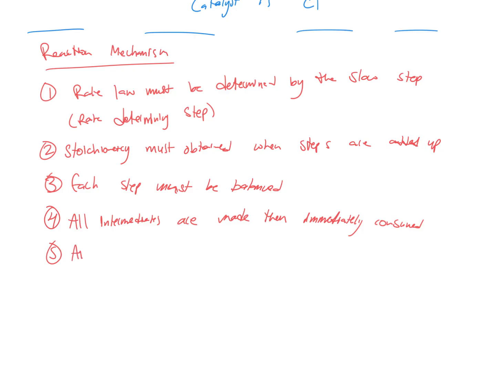The last is that any catalyst is consumed, then reformed. So you can think of intermediates and catalysts as essentially being opposites in terms of reaction mechanisms. Of course, intermediates are isolated in the middle of a reaction, where catalysts serve to lower the activation energy, but those are first consumed, then regenerated.